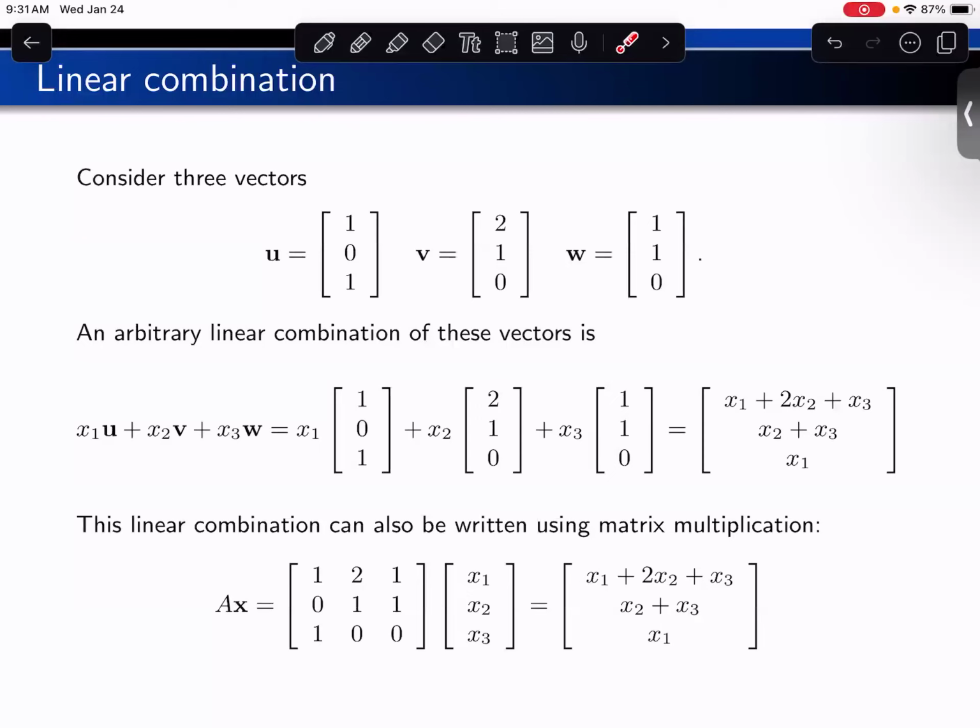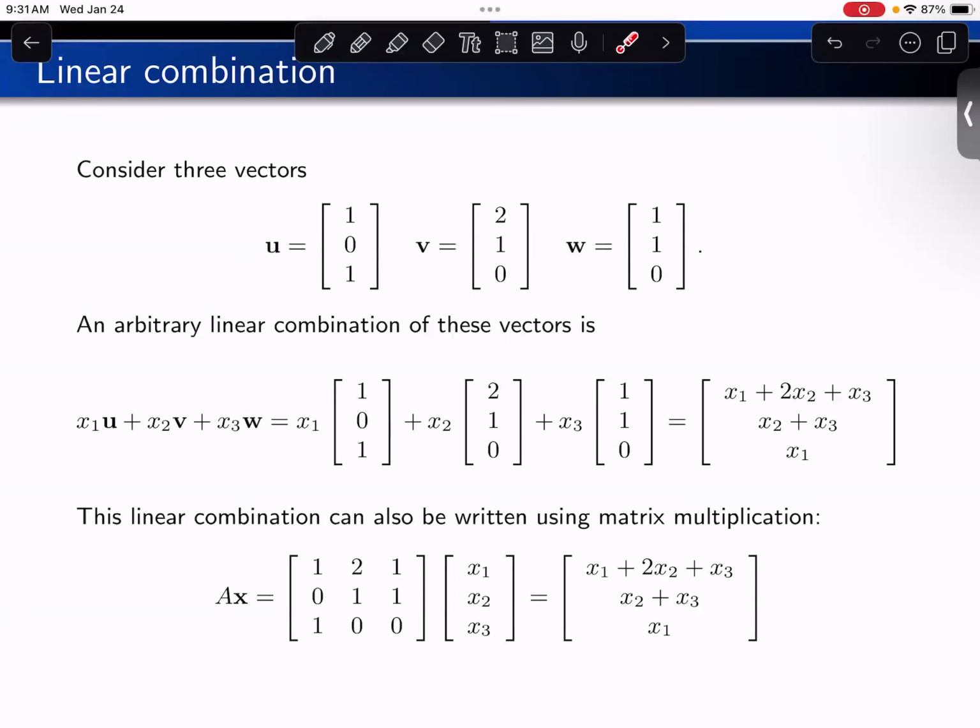What we're going to be interested in is linear combinations of these vectors, and we want to be able to interpret these linear combinations of vectors in terms of matrix multiplication. This is why it's useful to interpret matrix multiplication in terms of linear combinations of column vectors.